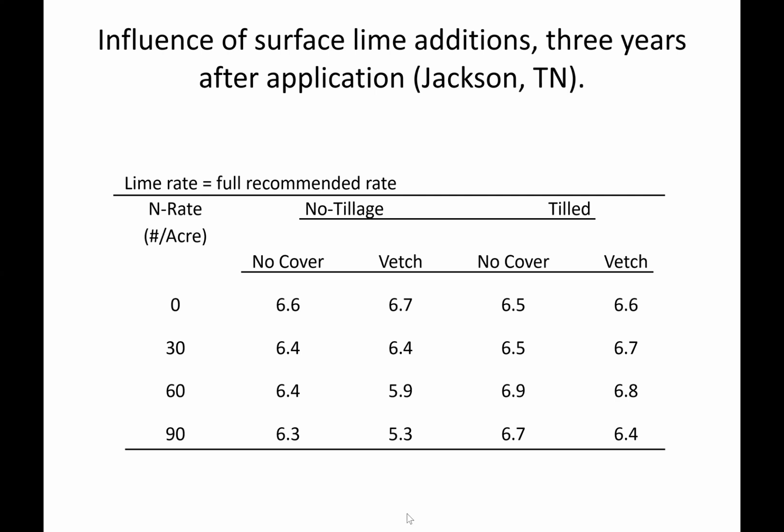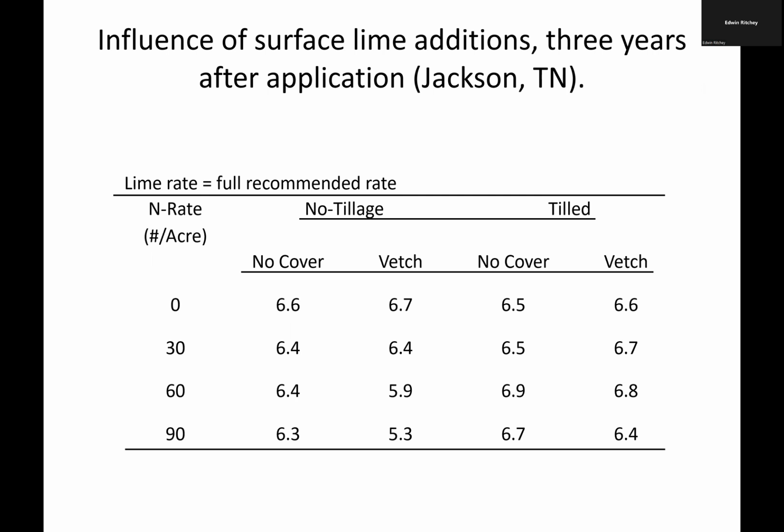But regardless, this pH right here, the vetch with 90 pounds of nitrogen in the no-till, it had a 4.7 pH. Even though we didn't get up to our 5.3, it was still reacting, and it really didn't suffer much yield loss because we got rid of that exchangeable aluminum pretty quick.